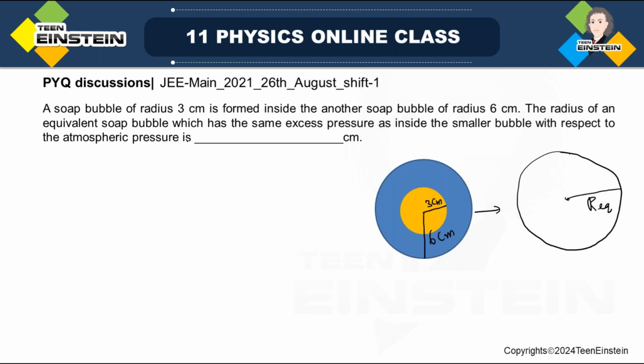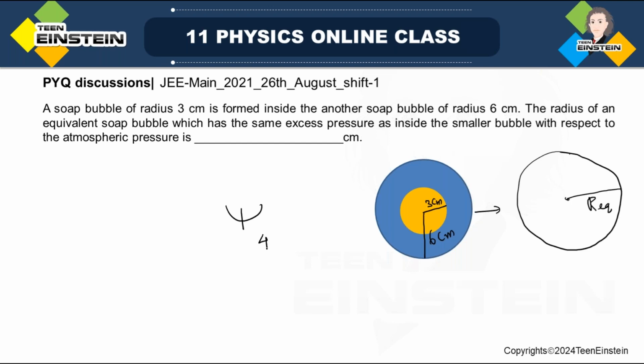We have to find the radius of an equivalent soap bubble which has the same excess pressure as inside the smaller bubble with respect to the atmospheric pressure, is dash centimeter. So here, what will be the excess pressure in this small soap bubble? It has its own curvature, due to that there will be excess pressure.